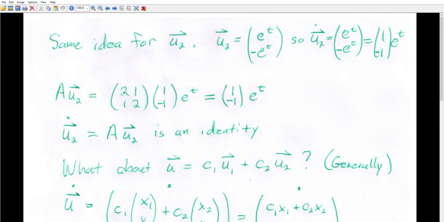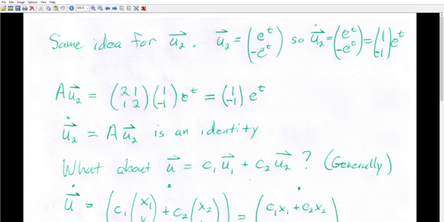Now we want to check to see that u2 is a solution, and the idea is exactly the same. u2, if you recall, was (1, -1) times e to the t. We've just multiplied the e to the t in. So when you take the dot, or the derivative, of e to the t is e to the t, and now when you factor the e to the t out again, you've got (1, -1) e to the t. Now A times u2 is (2, 1; 1, 2) times (1, -1) e to the t.